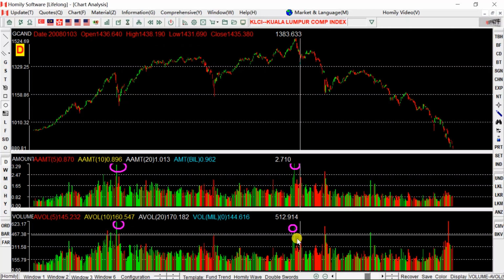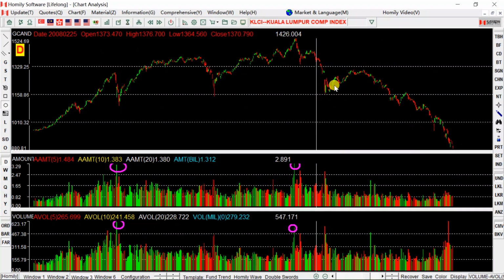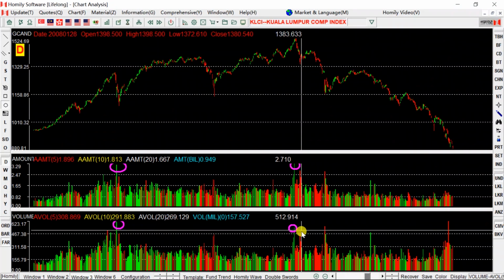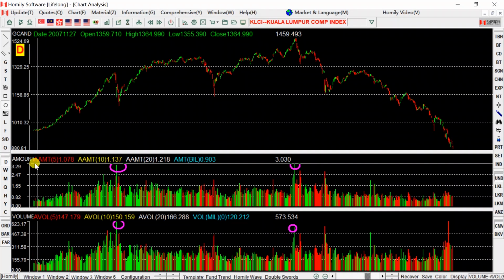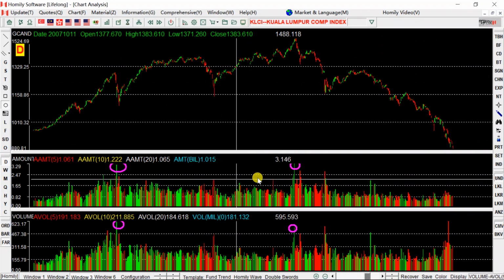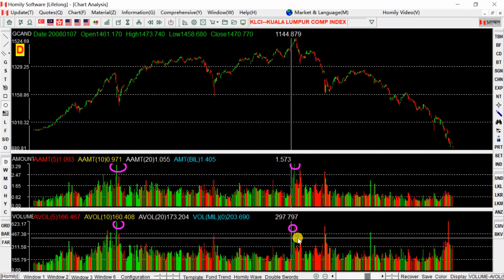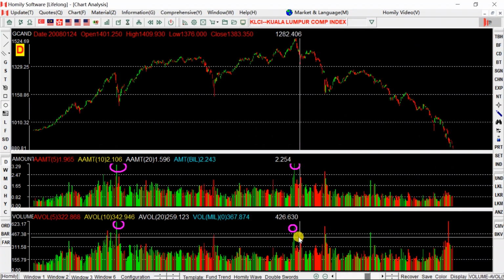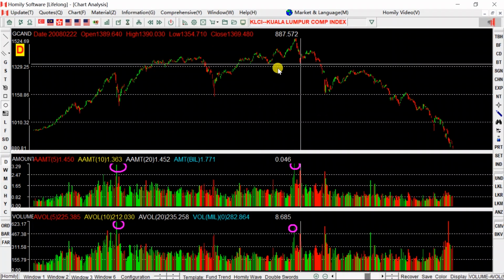It's highly possible this is the top of the index. After that, price drops, index drops. Because volume times price equals amount, if we find the amount is enlarged but the volume is smaller, that means the trading price is getting bigger. This situation often occurs at the top of the index.